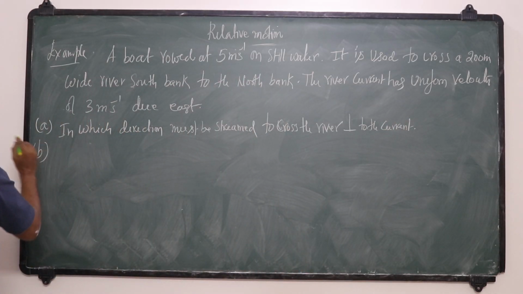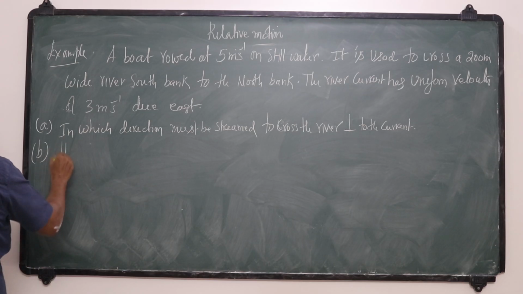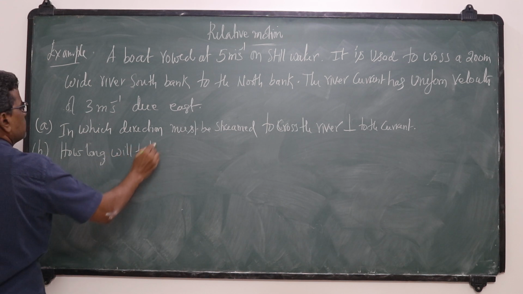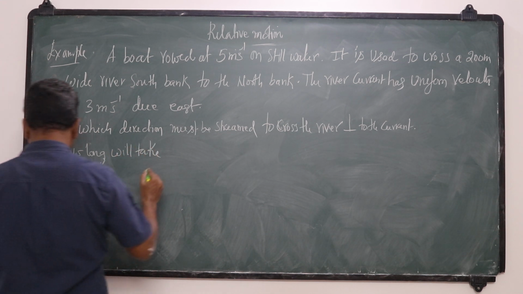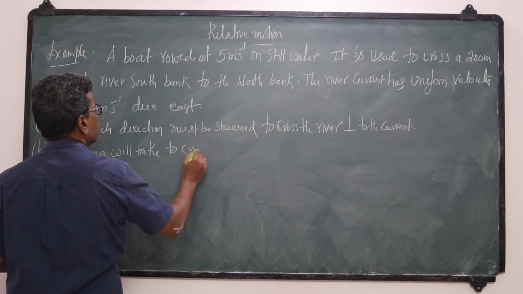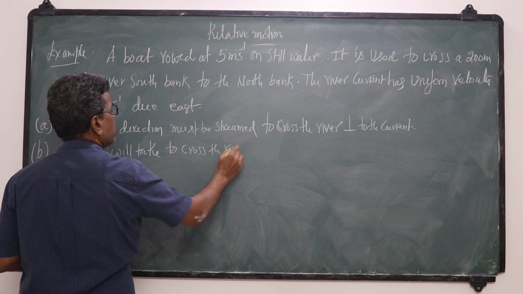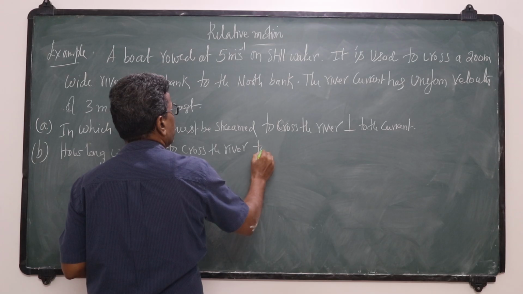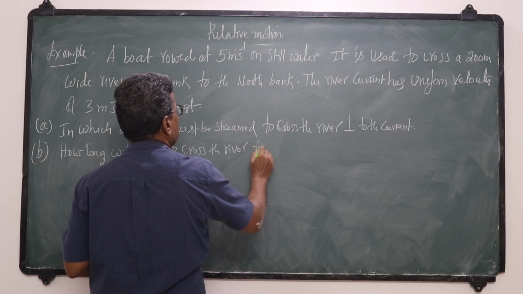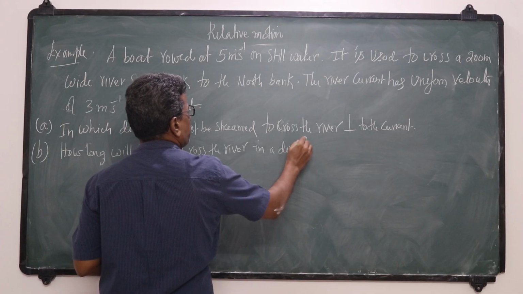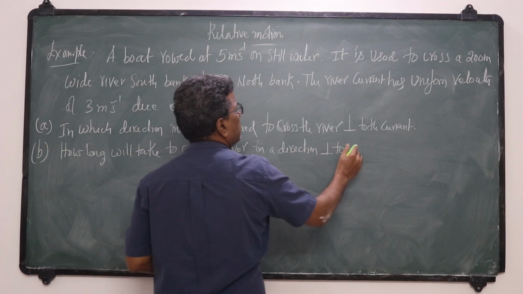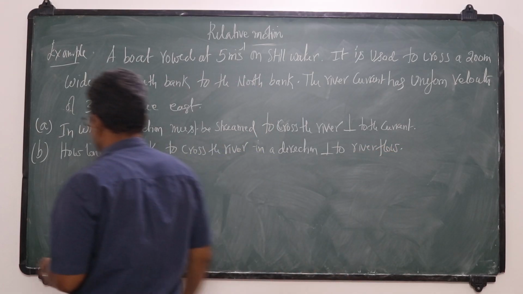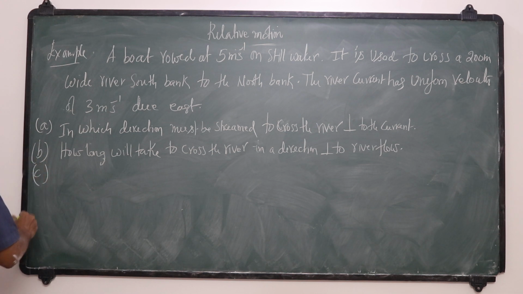Second one, B. How long will it take to cross the river in a direction perpendicular to the current or river flow? That is B.